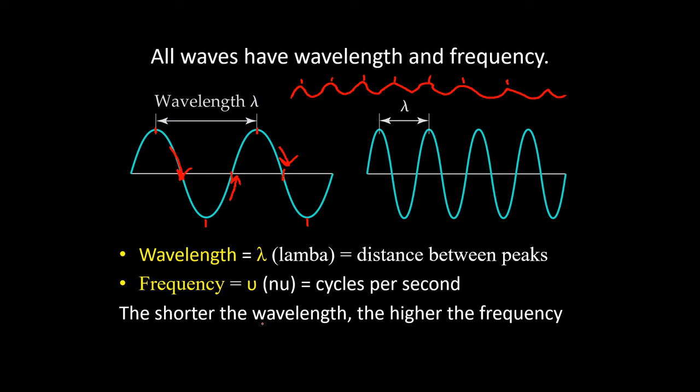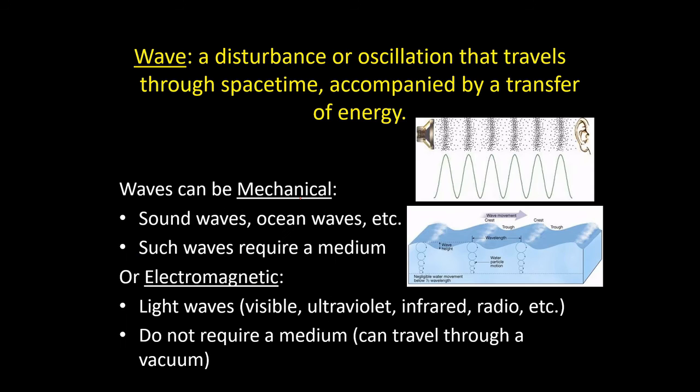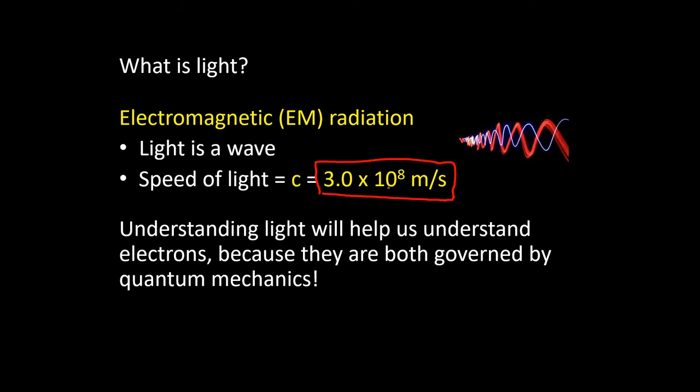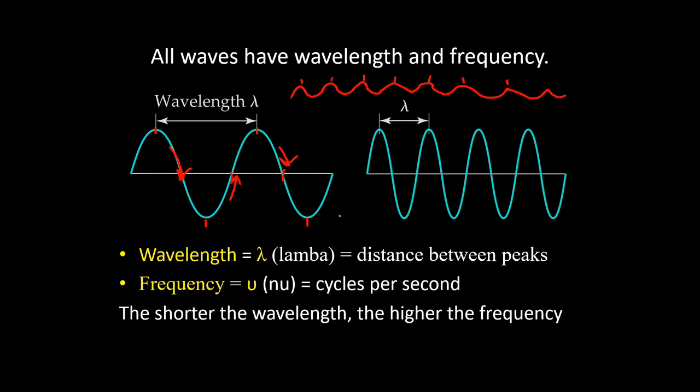The reason for this is that light travels at a constant speed. It's always traveling at 3 times 10 to the 8 meters per second. And because the wavelength can change, if it's traveling, for example, this distance, and I know this is a ridiculously small distance, but let's say that light travels this distance in 1 second.